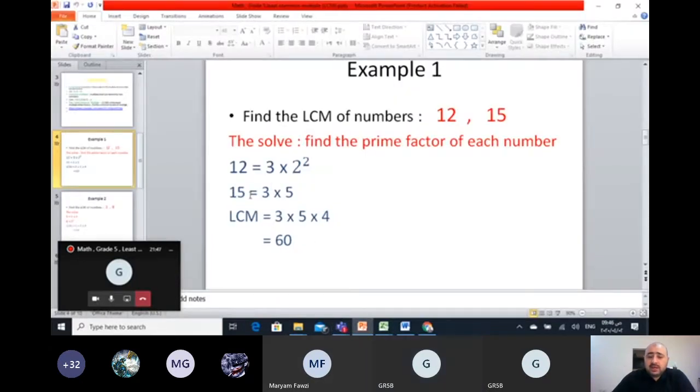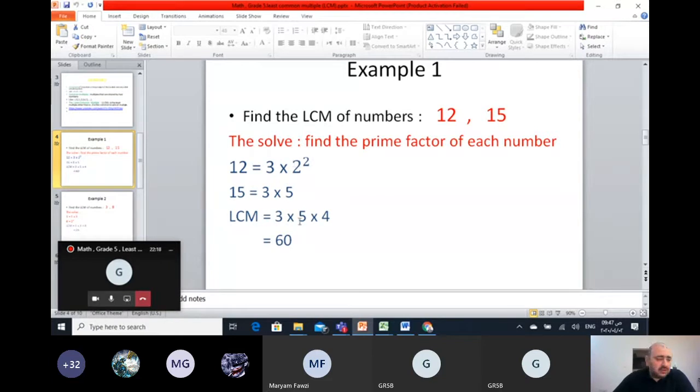Okay. Now 15 equals 3 times 5. Now, what are the common factors between 12 and 15? As you see, we have 3 here and 3 here. So first take the common factor, number 3. Then take the non-common factors, like 5 and 2 exponent 2.